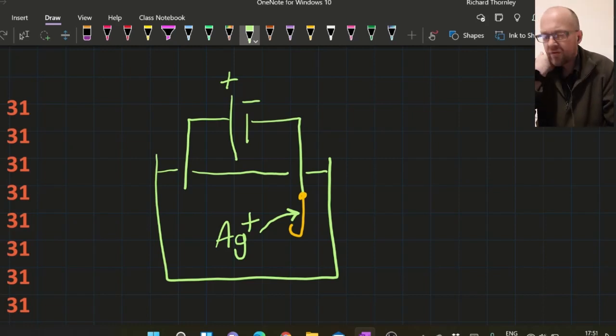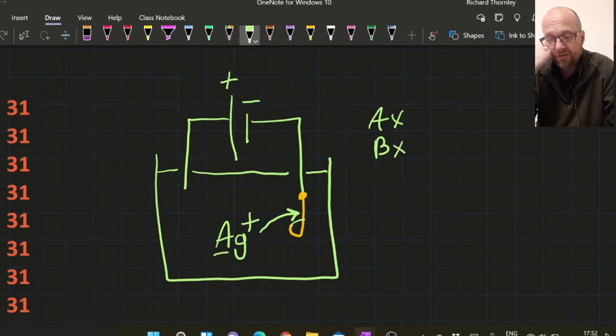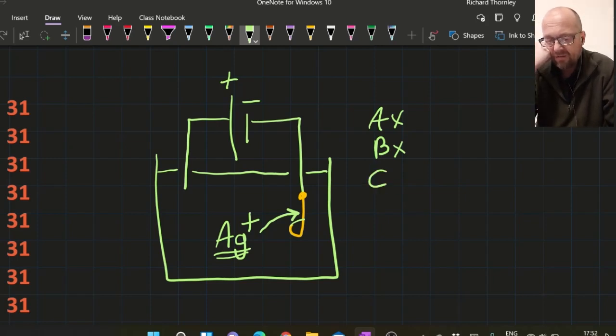The negative electrode is made of silver. No, the negative electrode has the spoon on it. So A's wrong. The positive electrode is a zinc spoon. No. The negative electrode is the zinc spoon, so it attracts the silver ions. The positive electrode is made of silver. I don't know. Is it? Does that matter?